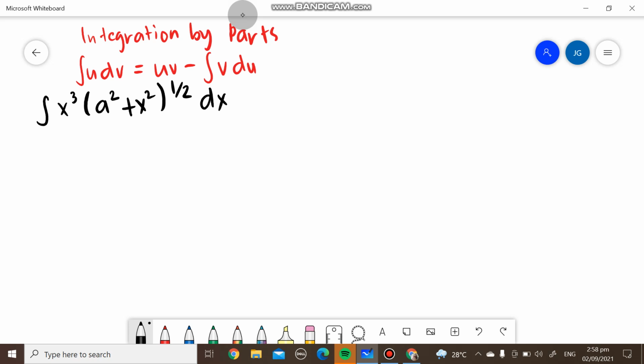In this part, we will integrate it by chopping this off. The way I will do it is x squared, then x multiplied by (a squared plus x squared) raised to 1/2 dx. That way, you can solve it more easily.